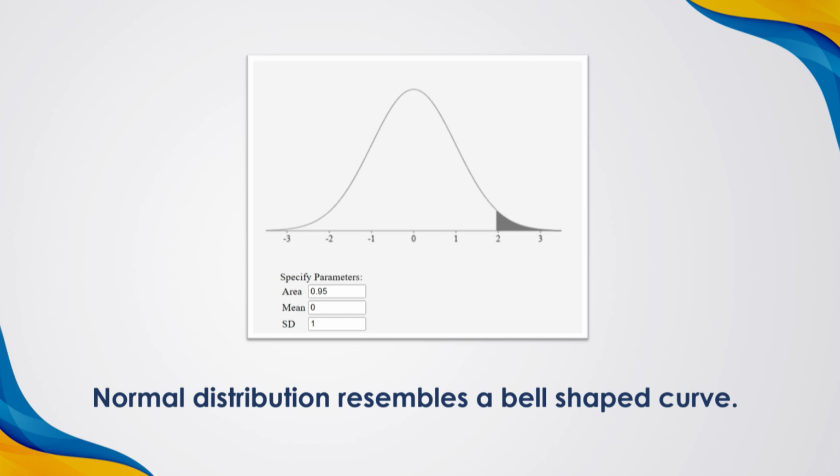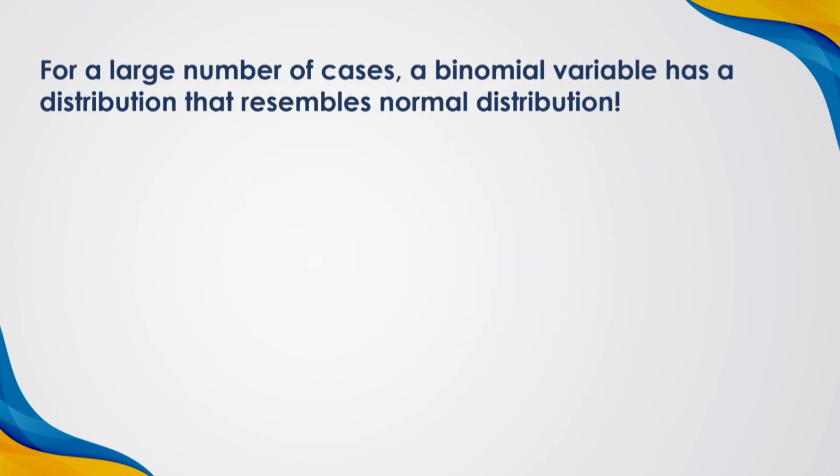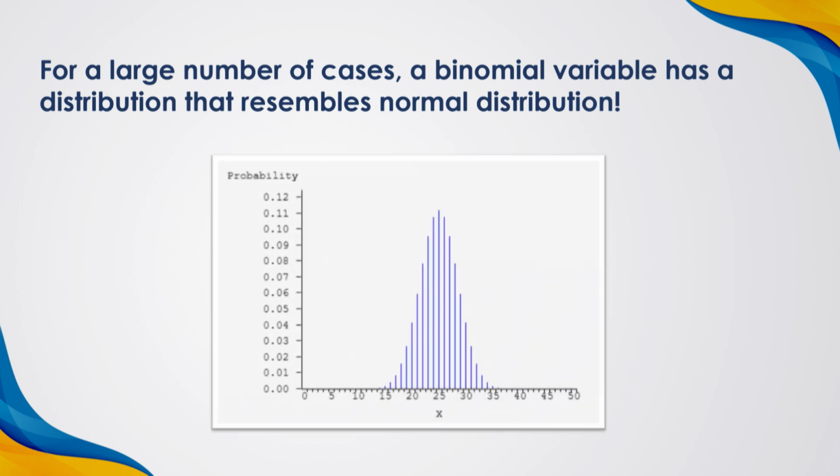It is centered at 0 and it has a standard deviation of 1. For a large number of cases, a binomial variable has a distribution that resembles a normal distribution like this. You can see a bar diagram representing the binomial distribution, but the form is a bell shaped curve.